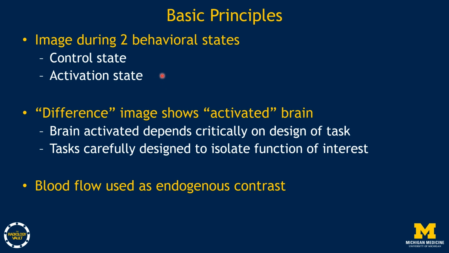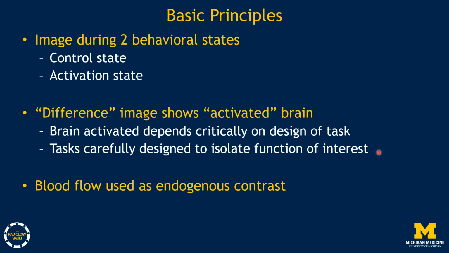What the machine does is map out the difference that the image shows in the activated brain from the resting brain. The brain activation will depend on the design of the task, and the tasks are very carefully designed to isolate the function of interest.